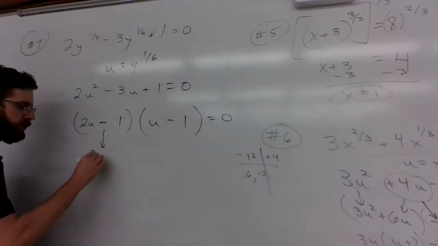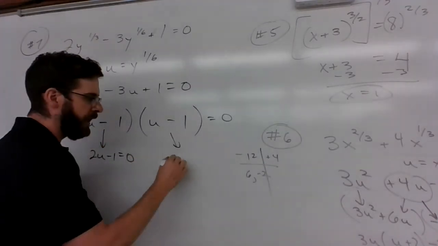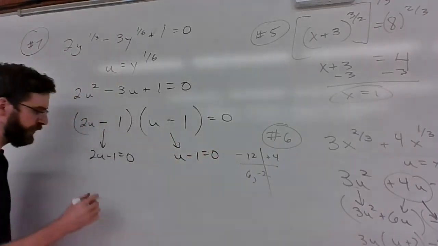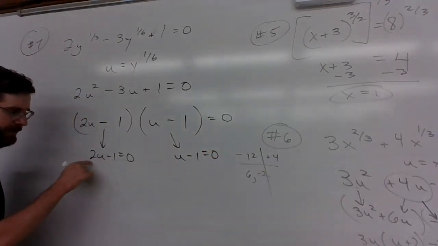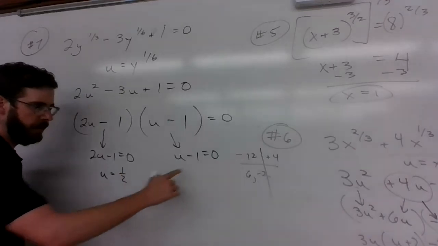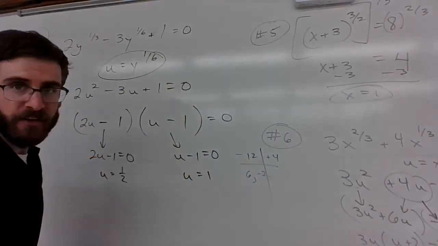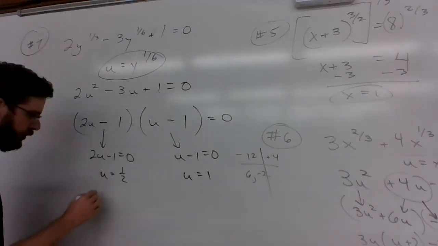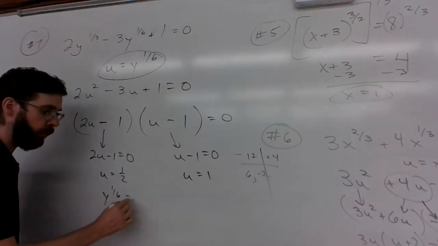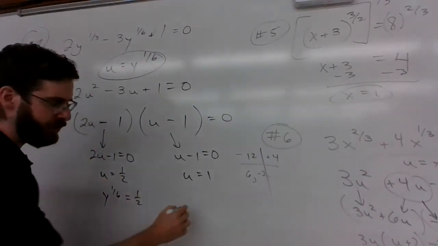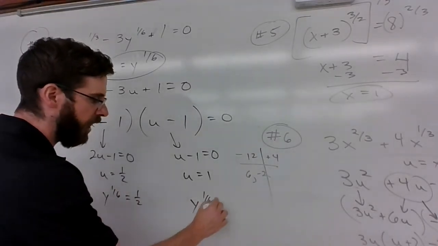So when we set 2u minus 1 equal to 0 and u minus 1 equal to 0, the two solutions we get are plus 1, divide by 2, u equals 1/2, plus 1, u equals 1. Make sure you put the y to the 1/6 back in for u so you can solve for y. The equation didn't ask you to solve for u, it asked you to solve for y.